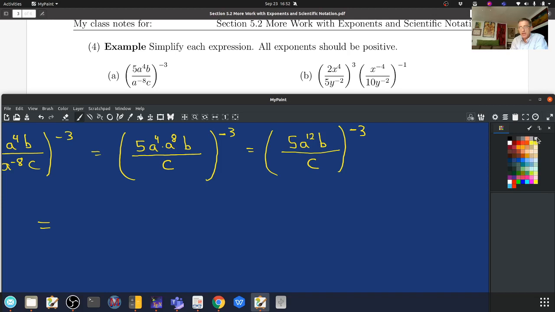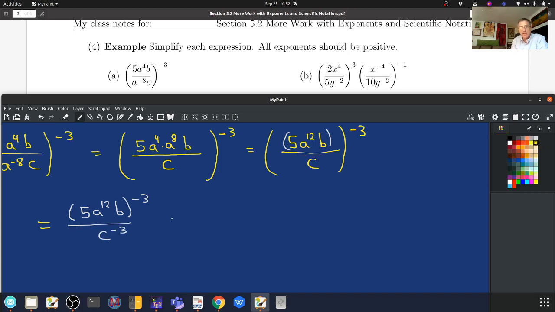So notice, be careful. I'm going to be wanting to put this in parentheses. It's going to be 5a to the 12th b raised to the minus 3 over c raised to the minus 3.